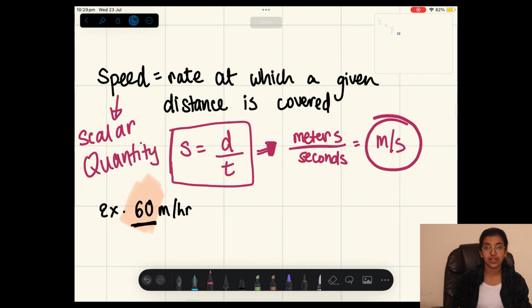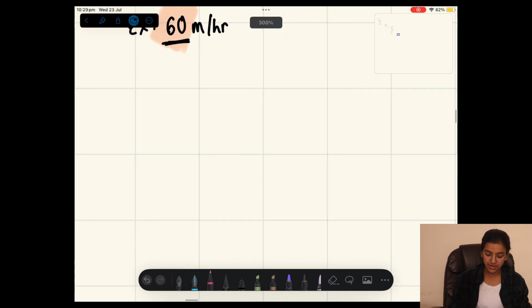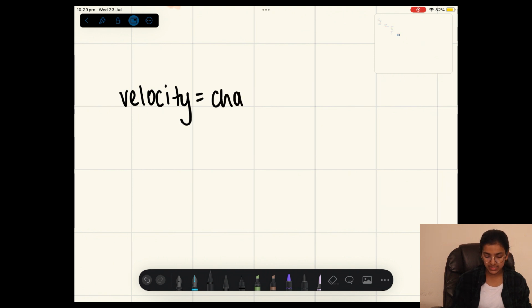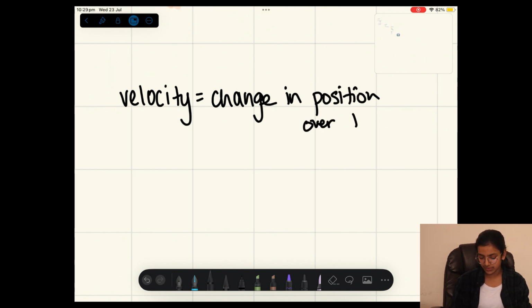Now let's move on to velocity, maybe something we might not have heard of before, but I think all of you might have definitely heard of it. Let's see what exactly velocity means, okay? So velocity is the change in position over time, okay?